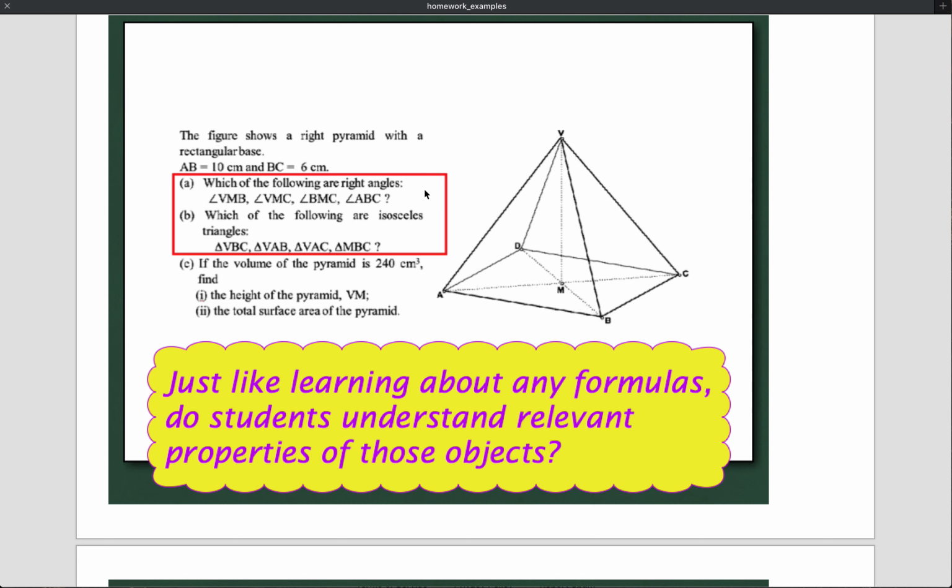So these questions, once again, are part of the process of helping the student learn more, and also help teachers understand how far the students really grasp the ideas or concepts behind the methods and procedures.